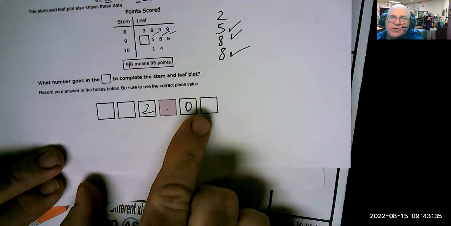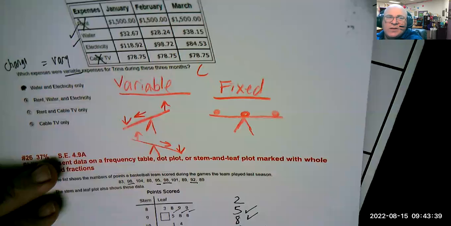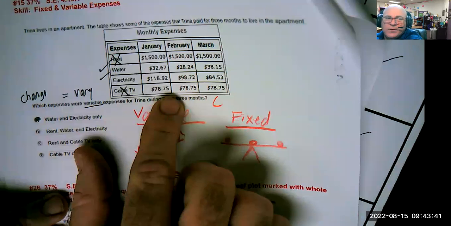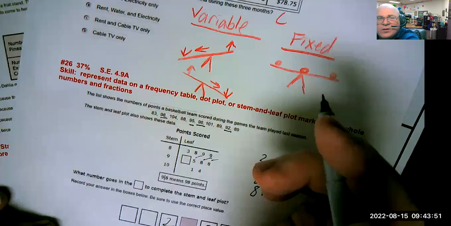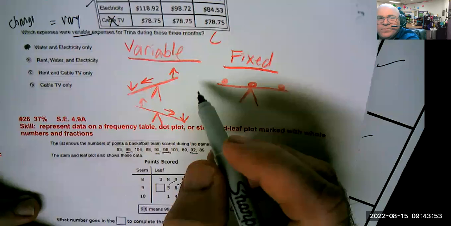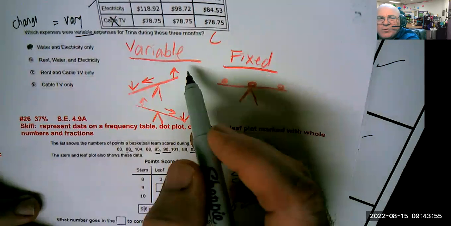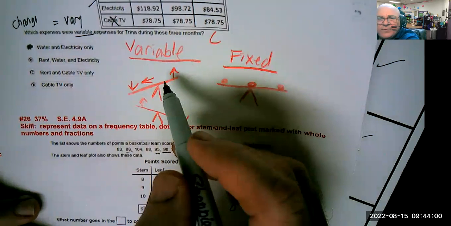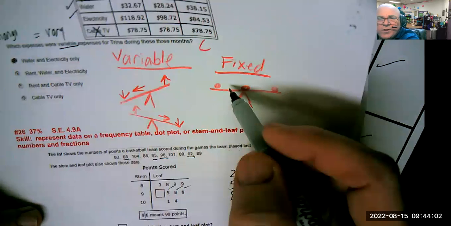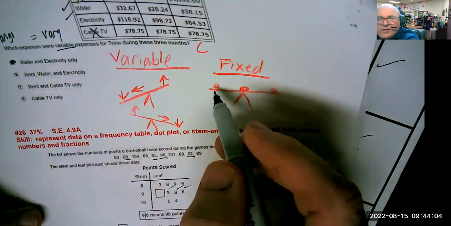What I'll come back and do next is see what this was, number 14, fixed and variable, and I'll write that right there so that you can put that somewhere, and maybe have your kids make a chart that shows what variable looks like, where things go up and down, versus fixed, that regardless of what month or what day or whatever, it always stays the same.